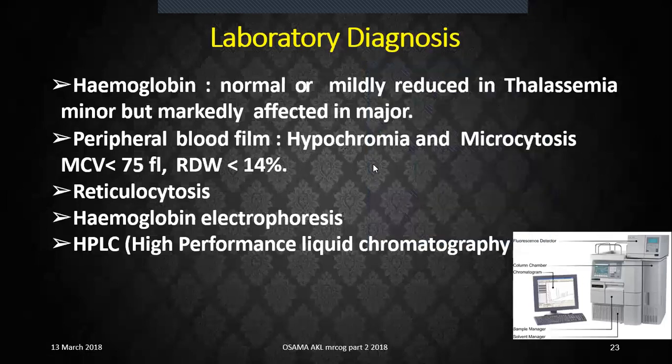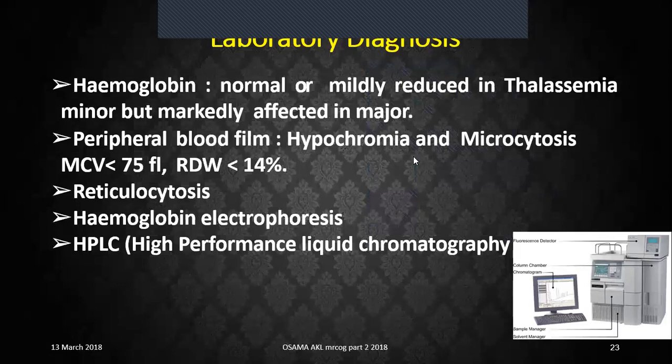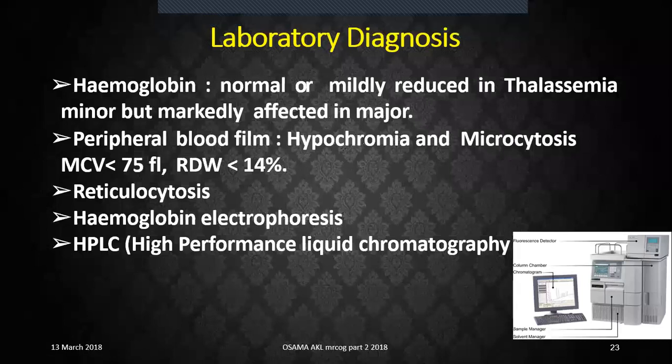So we have hemoglobin, maybe normal, yes, because we have silent carriers. It may be mildly reduced if there is thalassemia trait or thalassemia minor. As you see, mean corpuscular volume is decreased. That's why it's microcytic anemia. Reticulocytosis. Reticulocytes are the precursors of RBCs. If there is hemolytic anemia, the bone marrow and extramedullary organs will try to compensate by increasing the erythropoiesis.